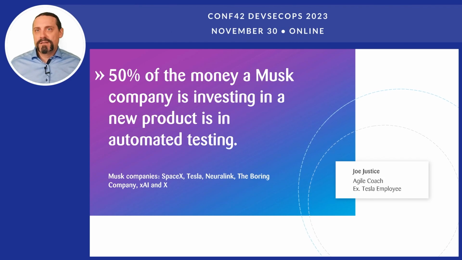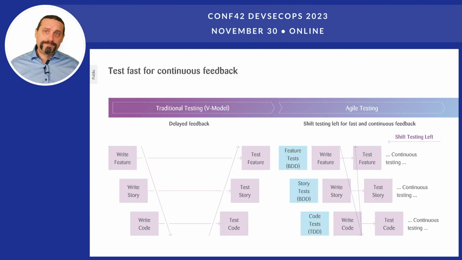When you look at the Musk companies like SpaceX, Tesla, Neuralink, the Boring Company, Elon Musk is investing into the new products, and 50% of that invested money goes into automated testing, because only with automated testing you can deliver that fast innovation to the market. And this is quite a high number. I'm pretty sure that the numbers in your company are much lower than these 50%.